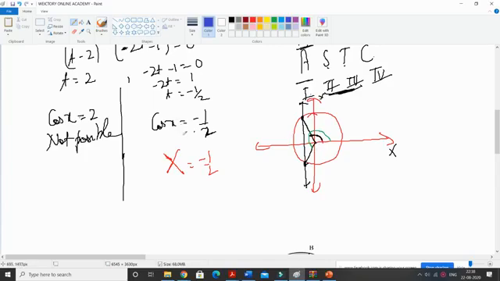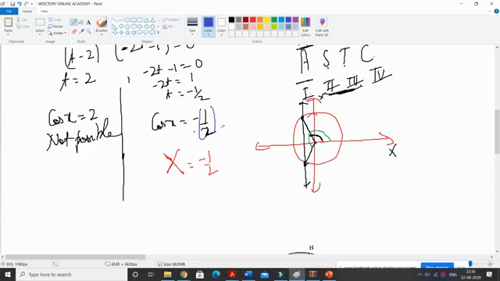So we know cos gives you 1 over 2 at what angle? It's a standard table, you need to remember, and cos is 1 over 2 at 60 degrees. That's pi by 3.